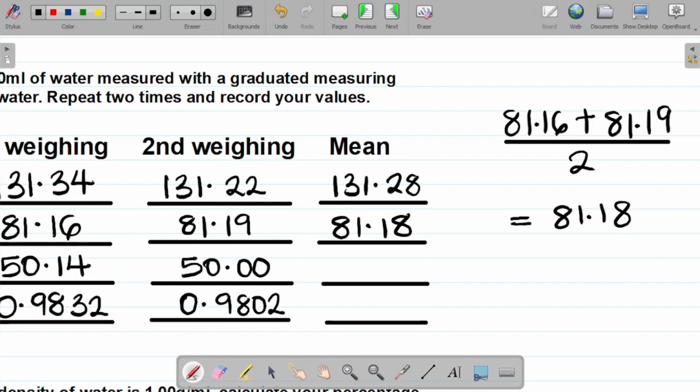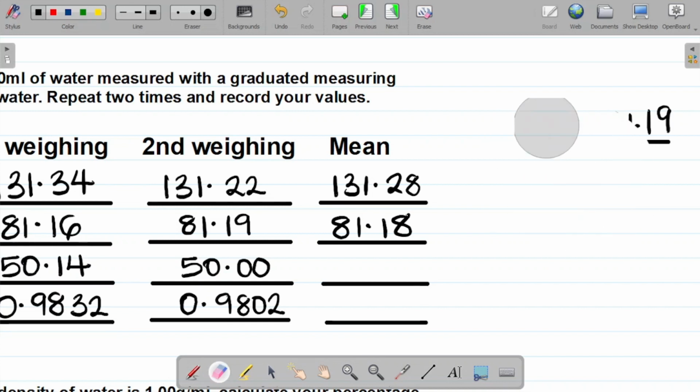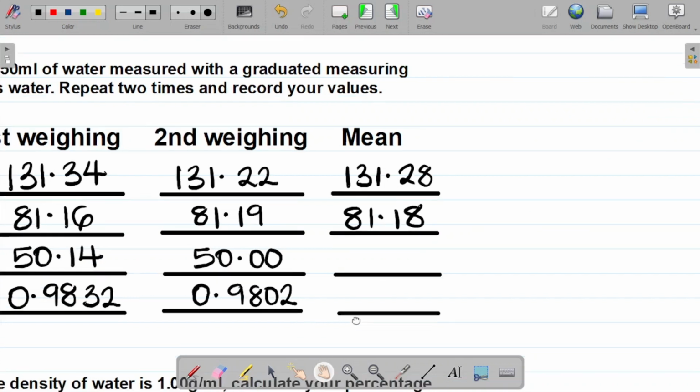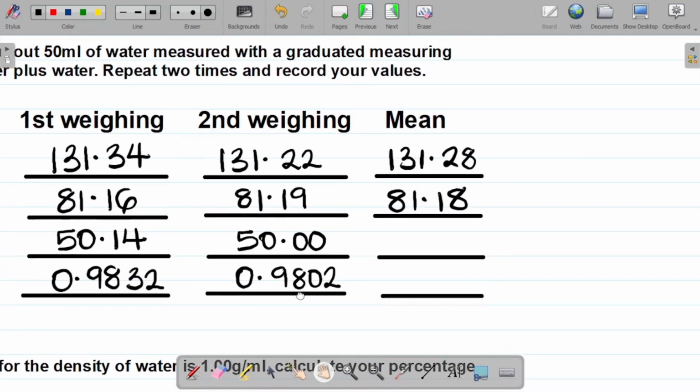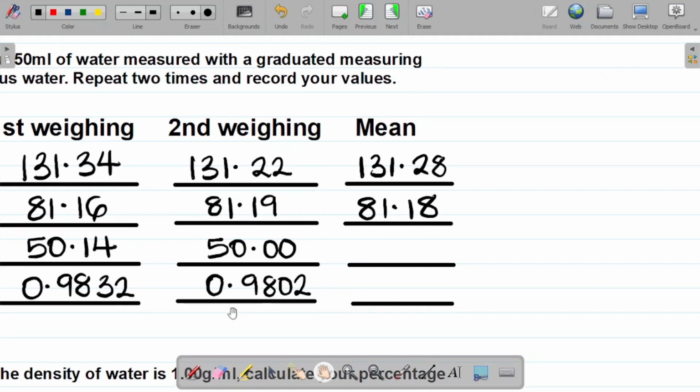All right, I'll do the same thing to find my third one, the mass of water. I have my first weighing for mass of water as 50.14 and my second weighing as 50.00. So it becomes 50.14 plus 50.00, divided by 2.